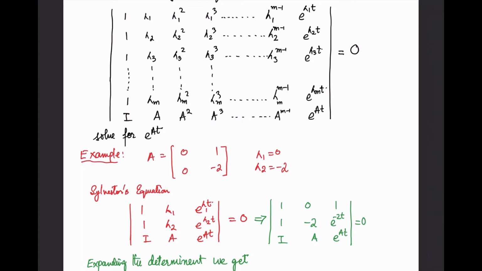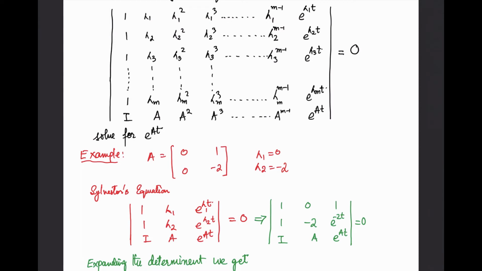If you have the matrix A of 3 cross 3, then the Sylvester equation will be of 4 cross 4, and in that it will be 1, lambda 1, then lambda 1 square, and then e raised to the power lambda t. So from here you can write down this equation, right?